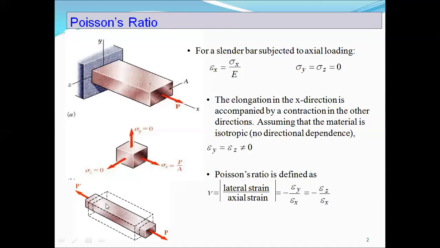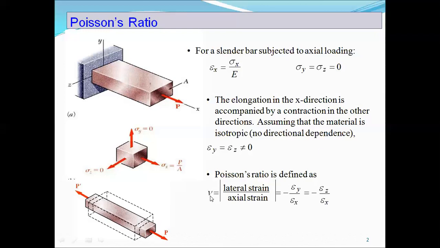So this would happen to the material when you subject it to tensile loading. This is the external load which we are applying, and this is the reaction force coming from this support. So we are subjecting this material to a tensile loading, and because of this tensile loading, the elongation would occur along x-axis, whereas in y direction and z direction contraction would occur, the dimension would reduce.